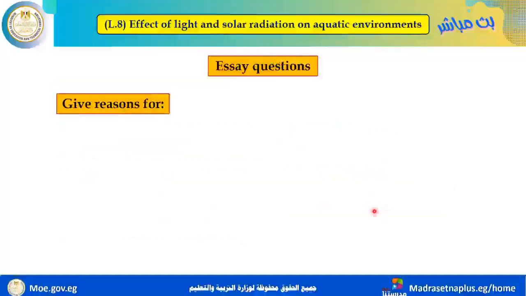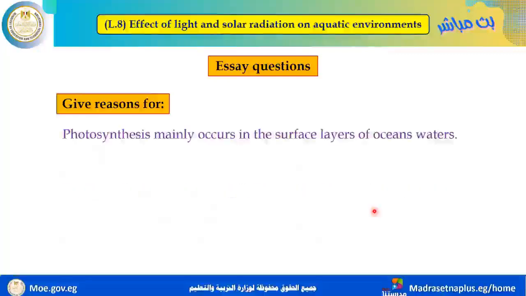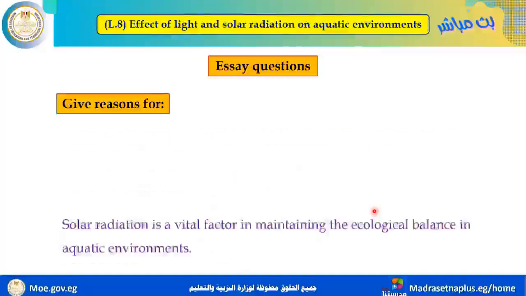And now let's go for essay questions. Give reason for photosynthesis mainly occurring in the surface layers of the ocean water. That's very easy: due to the availability of the sunlight. Good. Another question.